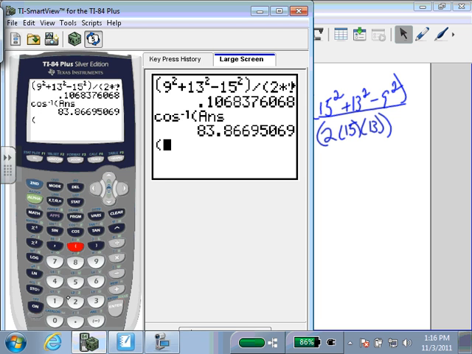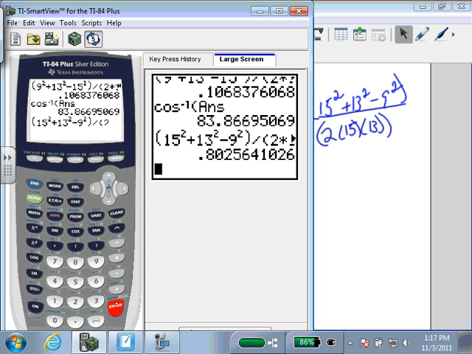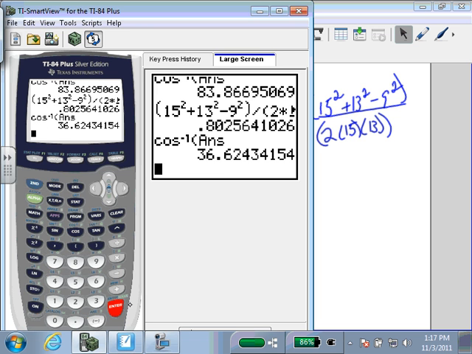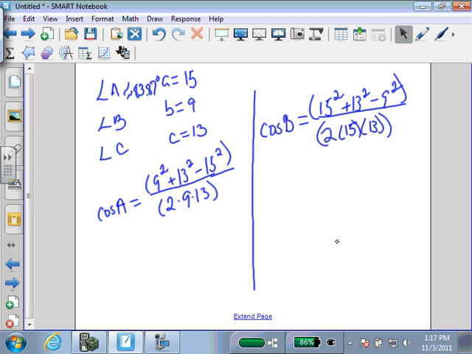So 15 squared plus 13 squared minus 9 squared, divided by 2 times 15 times 13. And that's the cosine of angle B. So second cosine, second answer: about 36.62.